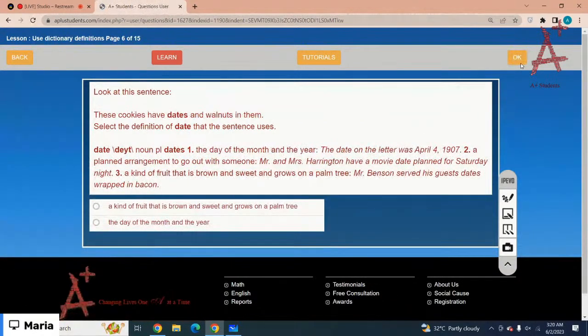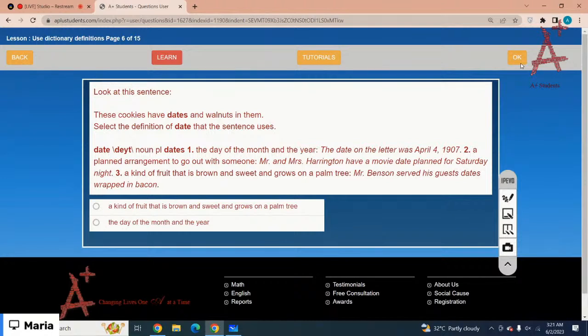Okay, these cookies have dates and walnuts in them. So the meanings of dates are the day of the month and the year, a planned arrangement to go out with someone, and a kind of fruit that is brown and sweet and grows on a palm tree.